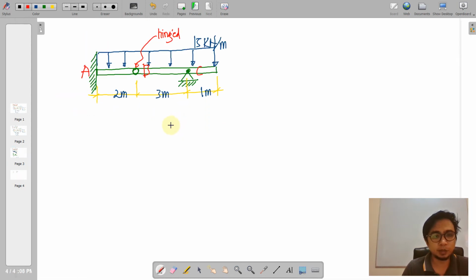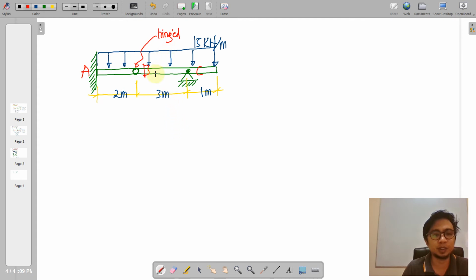So on this problem, we have a cantilever support or restraint support at A, and BC will be connected into this beam through a hinge. And then aside from that, it will also have a hinge at C. So there will be an internal hinge here. So just the same, the first step is to look for the reaction and then consider separation of the two beams connected by hinge.